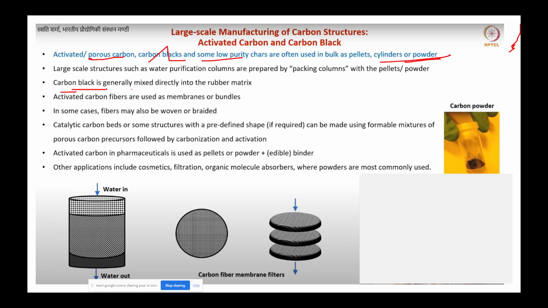Carbon black is generally mixed directly into the rubber material. So here also what you will do, you will have a carbon powder. Now it is in the solid form. You will mix this with your rubber or let's say a polymer matrix. So what will happen in this process? This will also be nothing but a binder.